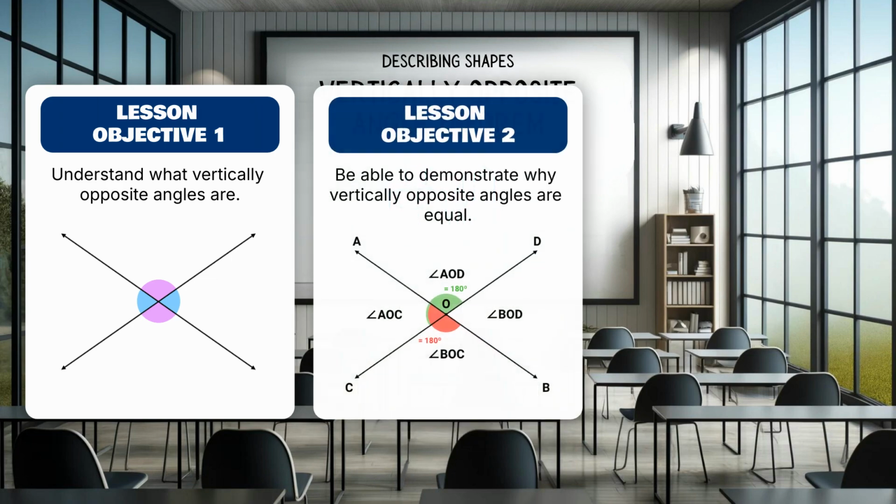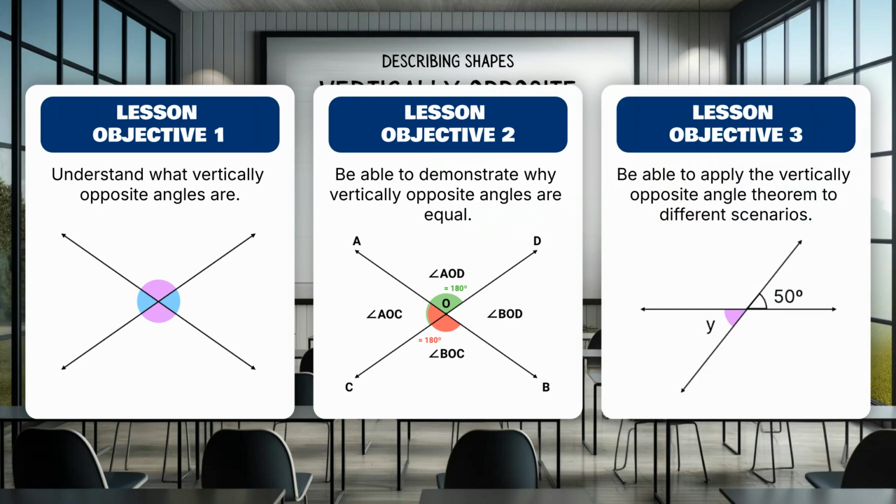We proved this by recognizing that the sum of adjacent angles along a straight line equals 180 degrees and forming 2 equalities. Upon combining these equalities, this allowed us to show that the vertically opposite angles are equal. Finally, we highlighted the importance of this theorem in solving various geometric problems. By recognizing and applying the vertically opposite angle theorem, we can simplify the process of finding unknown angles, making this a powerful tool in geometry.